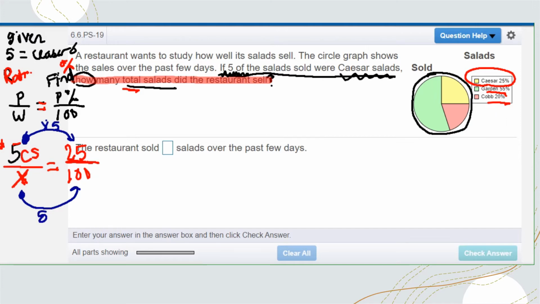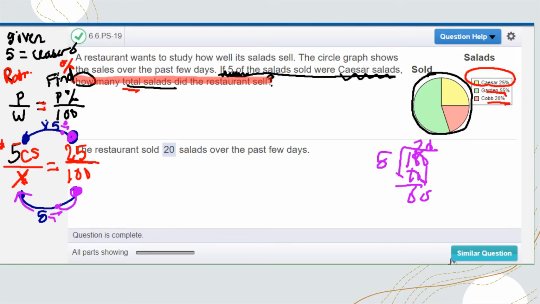So I need to start over with my known percent, and go the other way. So 25 divided by 5 will give me 5. So I need to start here, and 100 divided by 5 will get me my answer for X. So 100 divided by 5 is going to be 20. So the total number of salads is 20 salads.